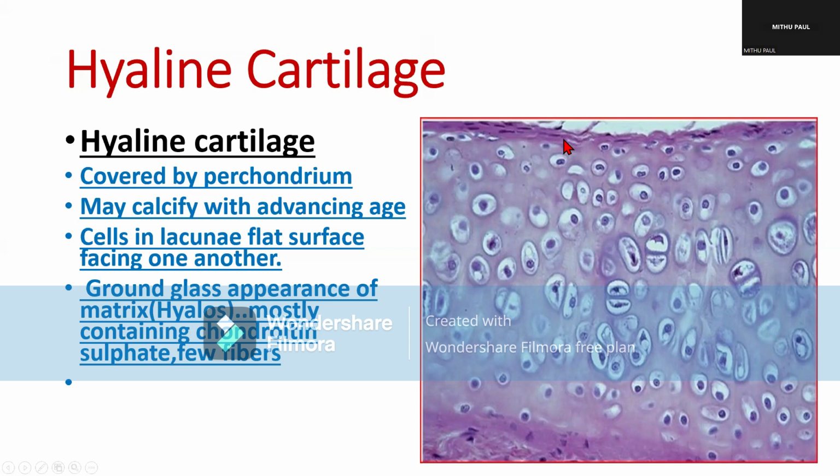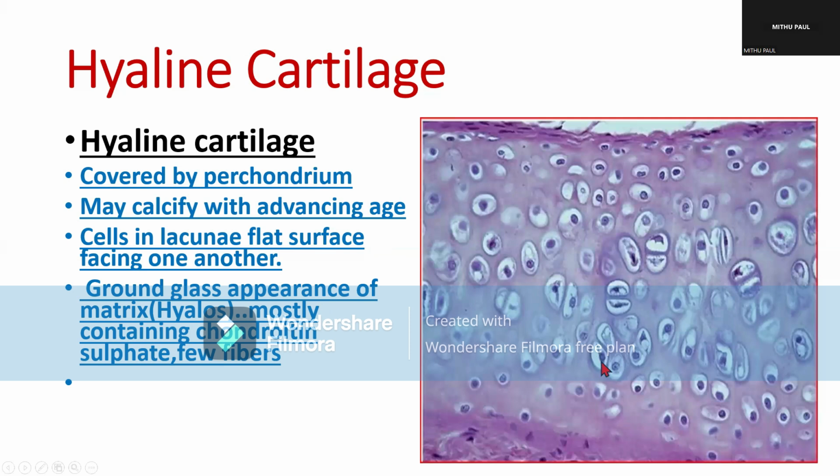The hyaline cartilage, like any other, is covered by a layer known as the perichondrium. The cartilage cells with advancing age may calcify. Here under the microscope, you can see the cells lying in cell nests. They lie in clusters of 2 to 4 cells together, and the adjacent sides of the cells are flat.